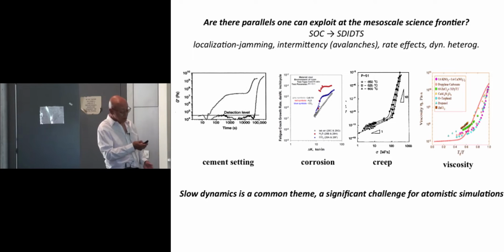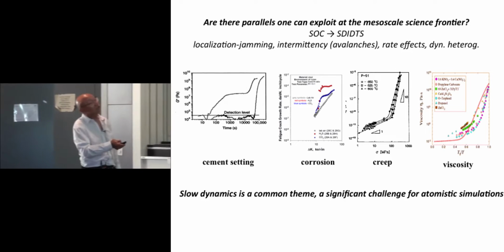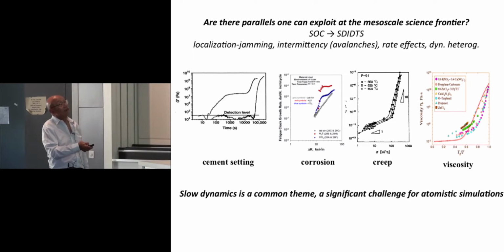Same thing with creep. With creep, what you plot here is strain rate as a function of the driving stress. Again, you see this distinction between this kind of exponent and this kind of exponent. So here the exponent is 1, and here the exponent is 10.